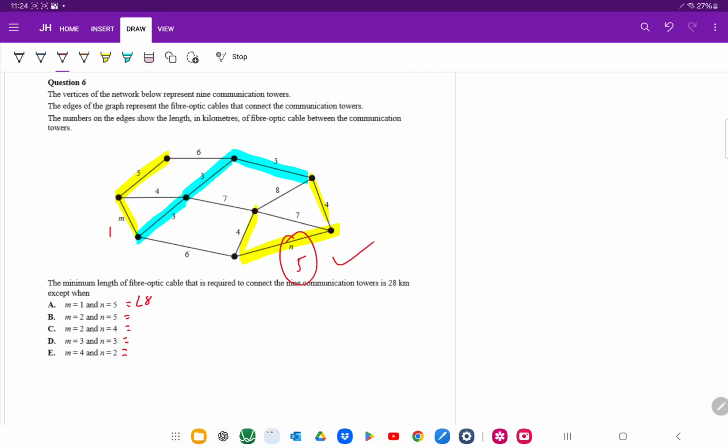So we need to go through this whole process, and in fact, if you go through one more, which is B, m equals 2 and n equals 5, I can already see that there's probably some sort of pattern, because we're going to add this all up. All these add up to 6. This is the only one that adds up to 7. So I'm presuming this one will add up to 29. So B is your answer for this one.